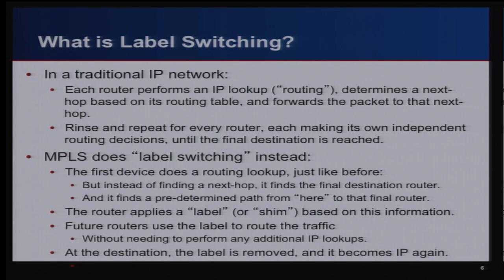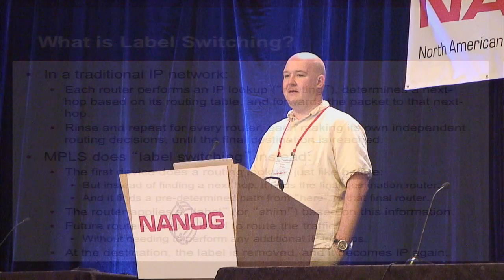And then when it forwards it, all the future routers, instead of having to do that original routing lookup and come to the same conclusion and forward it in the same direction, they're no longer routing based on IP. They're now switching based on the MPLS label that was added. So it lets you predetermine the route through the network at the very beginning. And then when it gets to the end, the label's removed, it becomes a normal IP packet again, and it forwards.